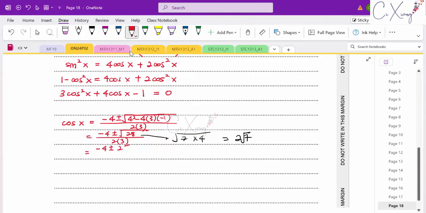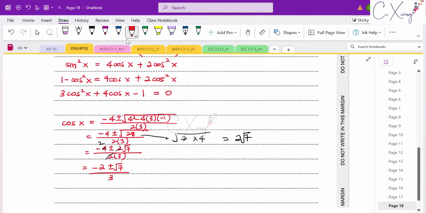If you're using an MS calculator, then maybe you have to simplify by yourself, yeah? Okay, then from here, you can see that I can simplify the denominator with the numerator, both by 2. So you'll be having negative 2 plus minus square root 7 divided by 3.